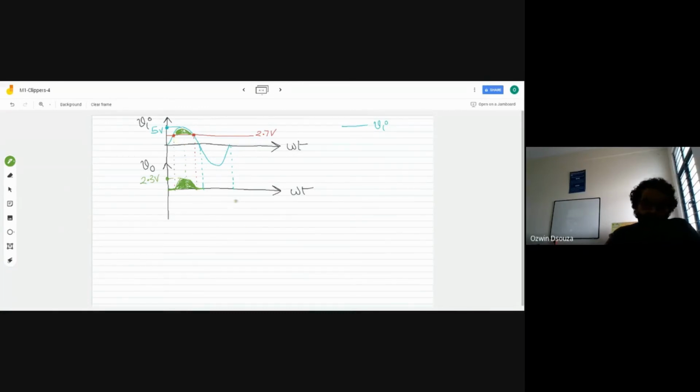Okay, so that's your output waveform. And for the negative half cycle, we have seen that the output remains 0, right? So that's your output waveform.